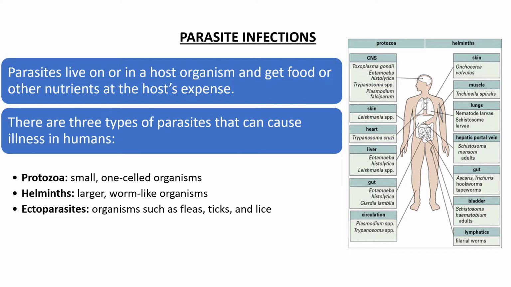They are single celled and they can cause a lot of diseases like malaria, the trypanosoma infections, etc. And then we have the helminths, which mostly infect the digestive system. And finally, we have the fleas, ticks, and lice, which are ectoparasites because they are found only on the surface of the skin and they tend to suck blood from the organism.